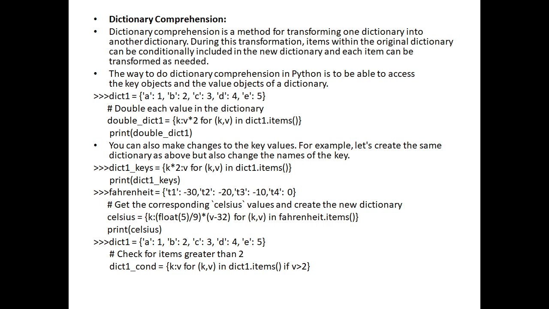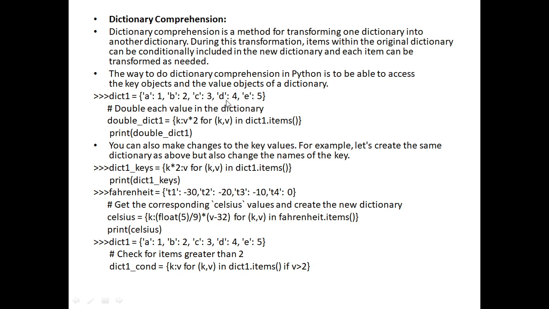Here I am calling the dict1 dot items method. It generates the list of dictionary items, and based on this, it gets each dictionary item. For example, in our example, I have A1, B2, C3, D4, E5.